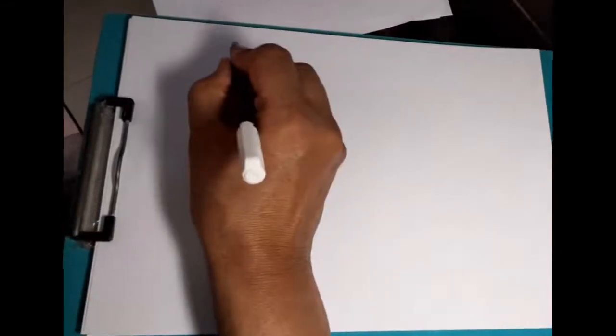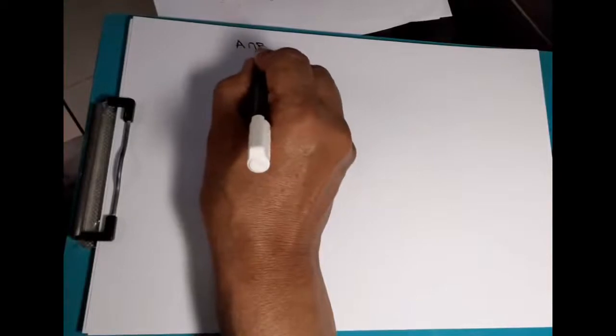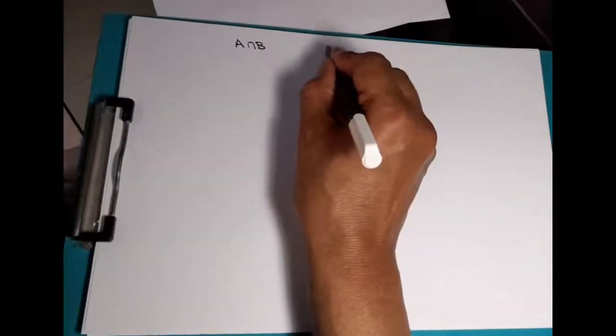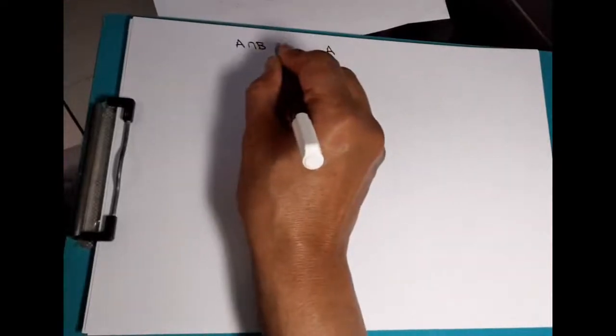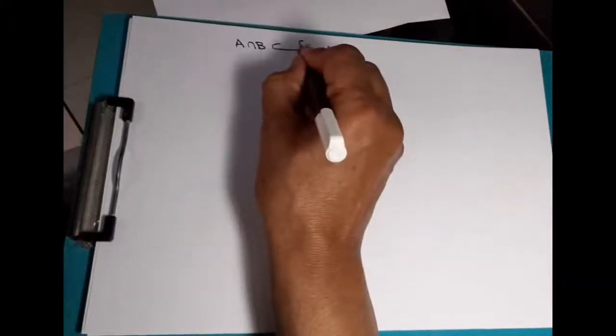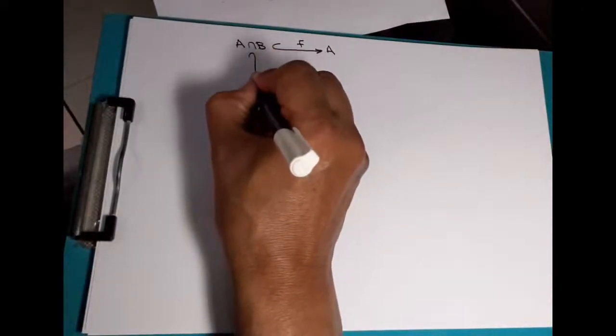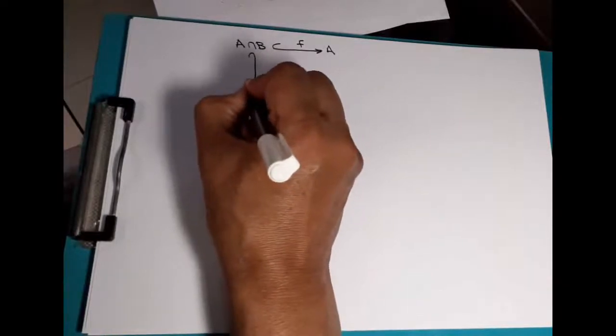So we have two sets A and B. Let's take their intersection, A intersection B. And you know that A intersection B is a subset of A. So there is a map from A intersection B to A which is called the inclusion map. Let's denote it by F. Similarly, A intersection B is a subset of B as well.